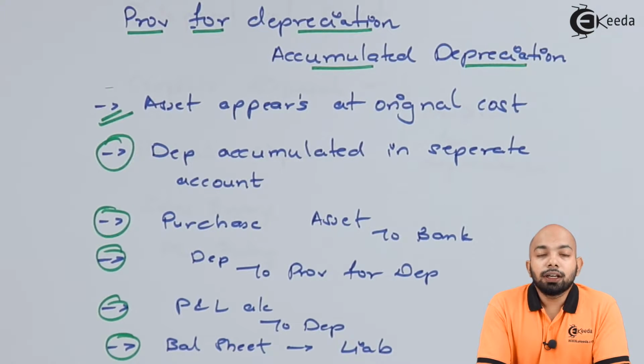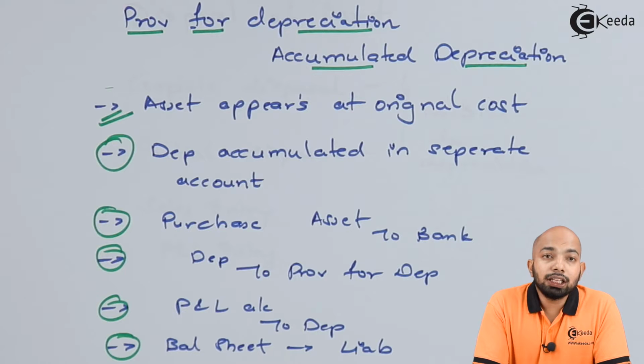But if there is no provision for depreciation, you will simply subtract depreciation from the asset side and that will give you the final value of the asset at the end of that specific year. So this is how the accounting treatment for depreciation is done.